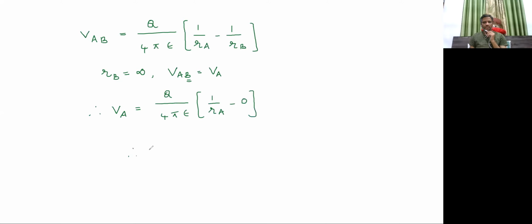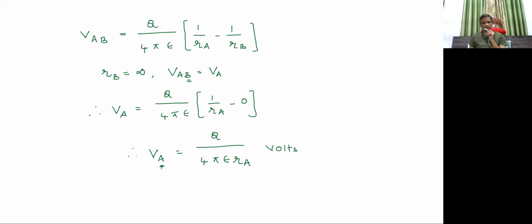Therefore, VA, the potential at point A, will be Q by 4 pi epsilon RA, and the units are volts.